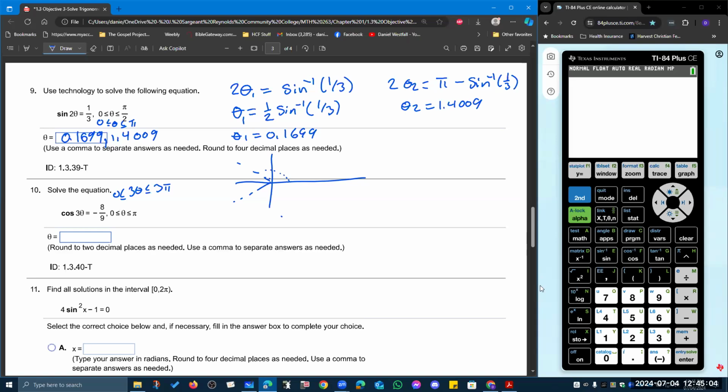That's the first one that I want. So 3 theta 1 is equal to arc cosine of negative 8/9, divided by 3. That gives me my first answer.